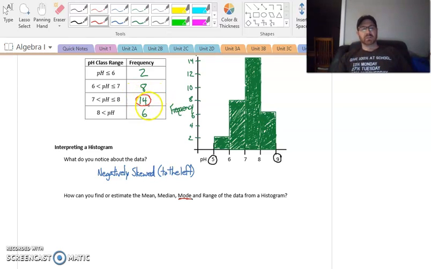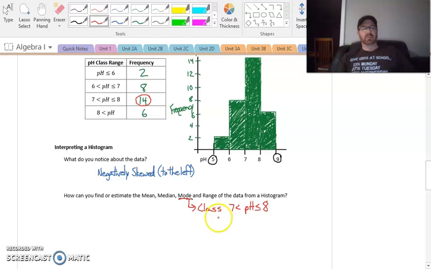Okay, so first of all, I've circled this 14 because that actually is going to help us get our mode. The mode in this case is going to occur in the class where the pH is between 7 and 8.